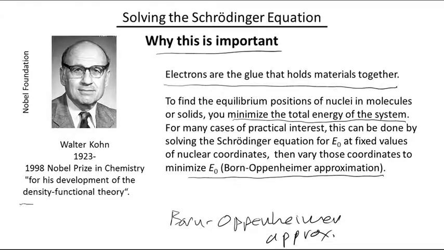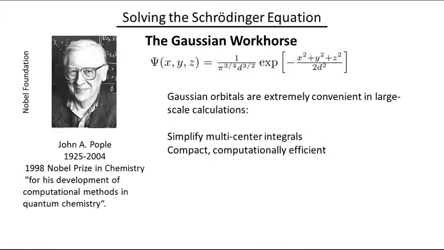And this task was made conceptually and practically much easier by Walter Kohn and his collaborators, who got the Nobel Prize in Chemistry for the development of density functional theory, which is now one of the practical theoretical underpinnings upon which a Gaussian trial approximation is used.